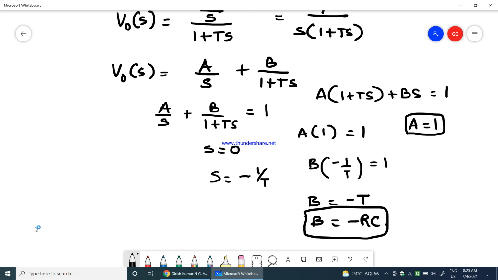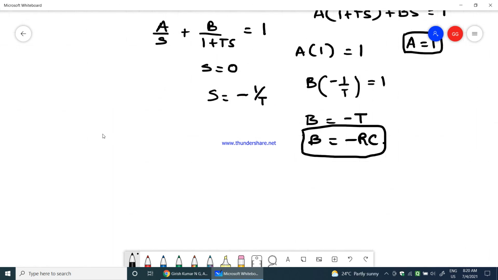Therefore V out of S equals A by S, which is 1 by S, minus T by, which is minus RC by (1 plus RCS).